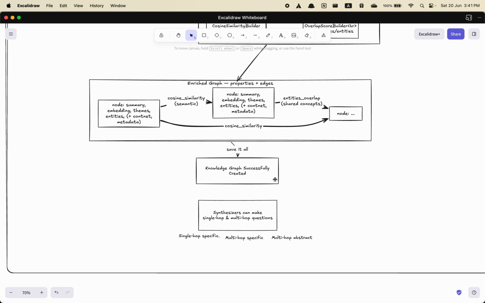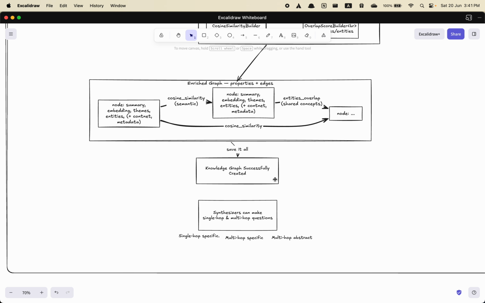Then we can also generate questions that are multi-hop specific. This would be a question that requires a bit more research and a bit more depth in finding an answer. It might be something like, if a cat is vomiting, what would be the symptoms, how would we treat these symptoms, and is there anything we can do to prevent a cat from getting sick in this manner?